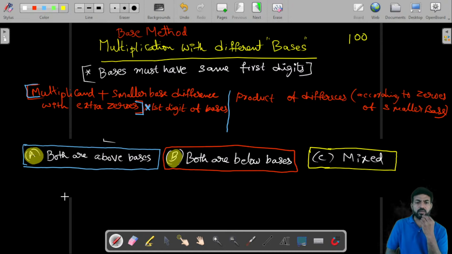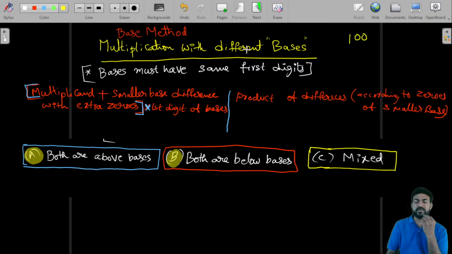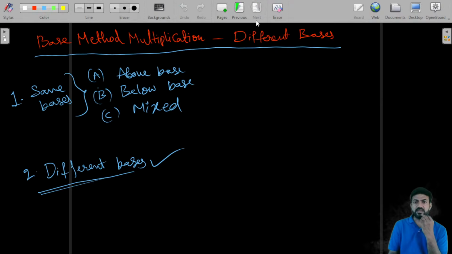In this also, we have above base, below base and mixed, just like base method multiplication with same bases. When we have the same base for both multiplicand and multiplier, we have three kinds: above base, below base, mixed.